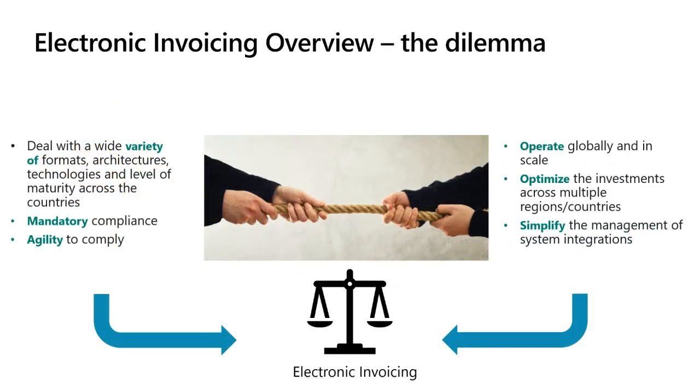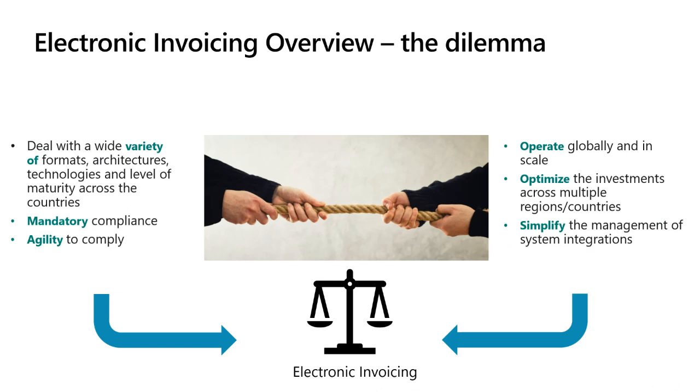When it comes to electronic invoicing, most companies have to deal, even during implementation and operation, with two conflicting demands, right? On one side, they need to deal with a variety of formats, architectures, technologies, and levels of maturity across the countries, especially if the electronic invoice is driven by the government.